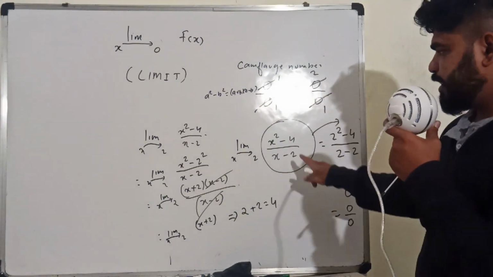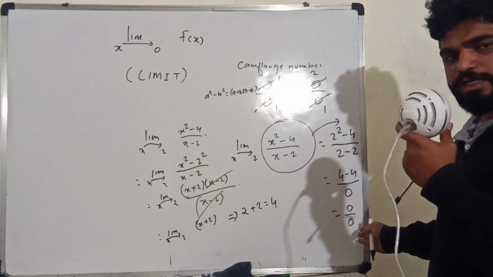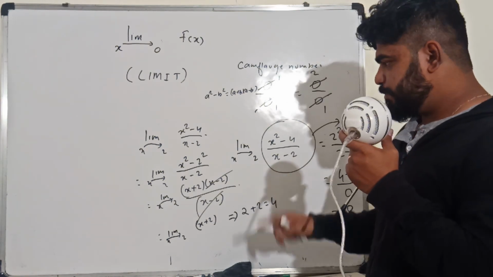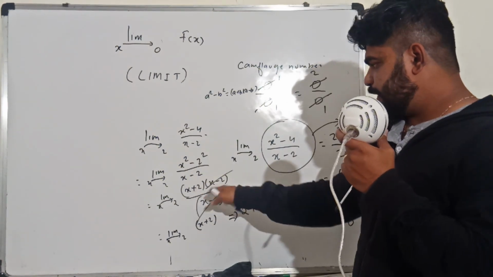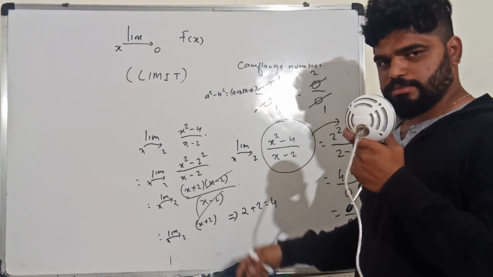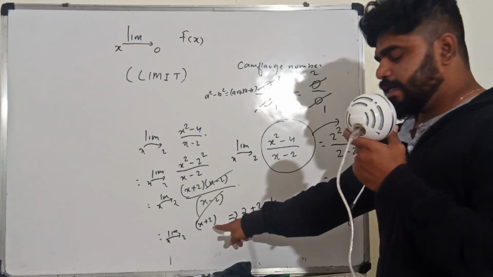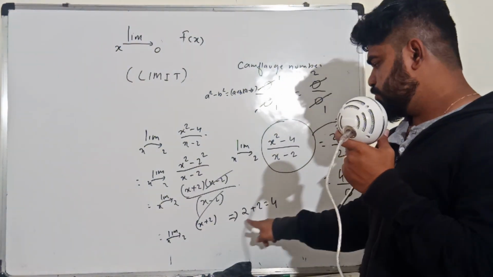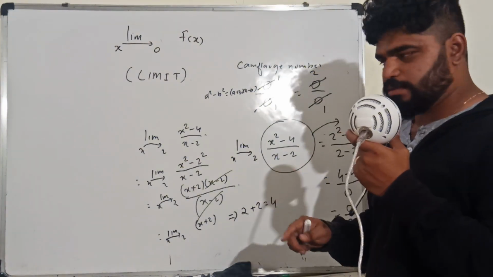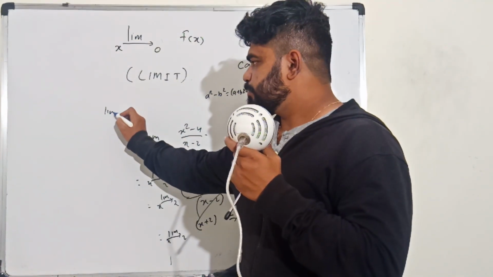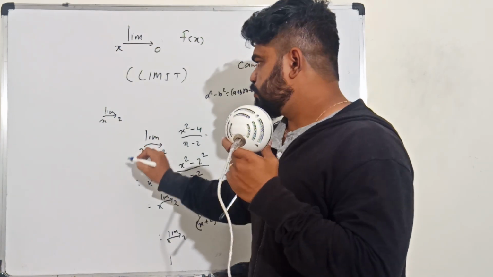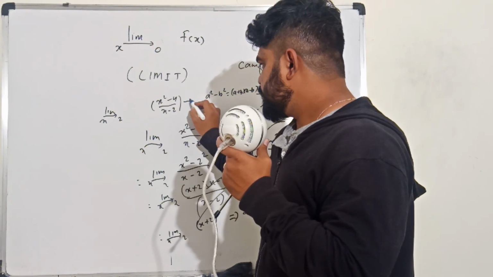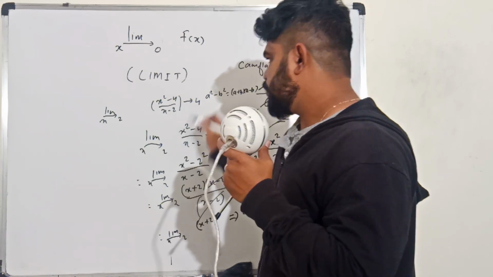So initially we had this function moving to any value when x moves towards 2, but now that we have cancelled out x minus 2 from these terms, we get x plus 2, and when I put x equal to 2, it will be 4. So the solution of this problem is: when x moves towards 2, x square minus 4 upon x minus 2 will move towards 4.